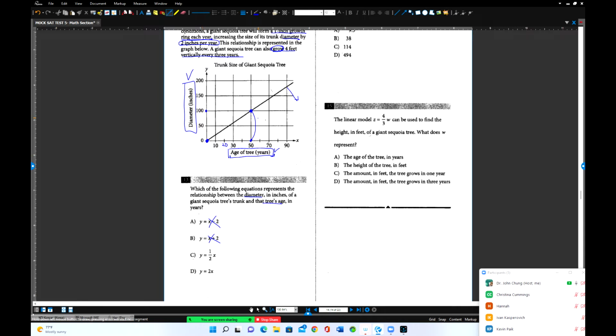Change in y is 100. Change in x is 50 years. So slope is how much? 100 over 50 equals 2, right? Every 1 year, the diameter increases by 2, right? Yeah, D is the answer. Slope is 2.